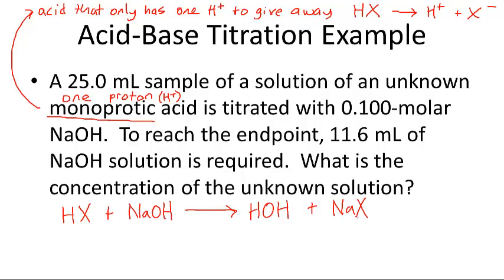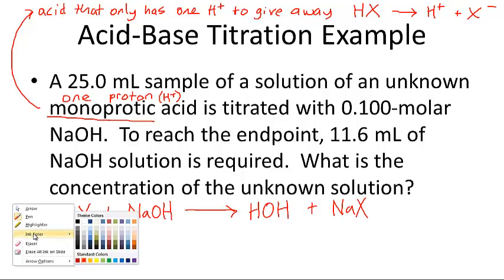So first step is going to be to take my given quantities and determine number of moles. So I have a 25 milliliter sample of an unknown monoprotic acid. So that's the one that I don't know the concentration of. Titrated with 0.1 molar NaOH. So how would I write 0.1 molar when I'm doing a calculation?